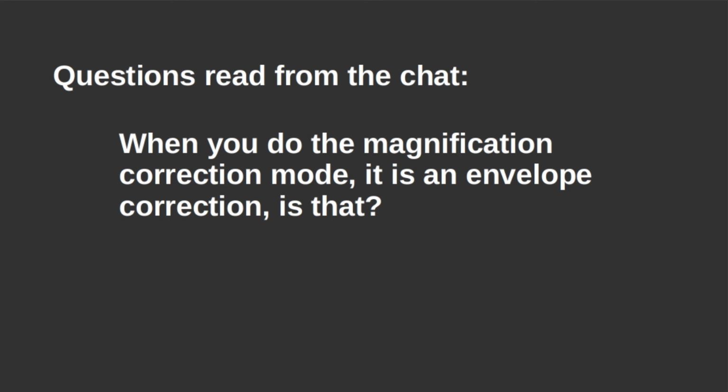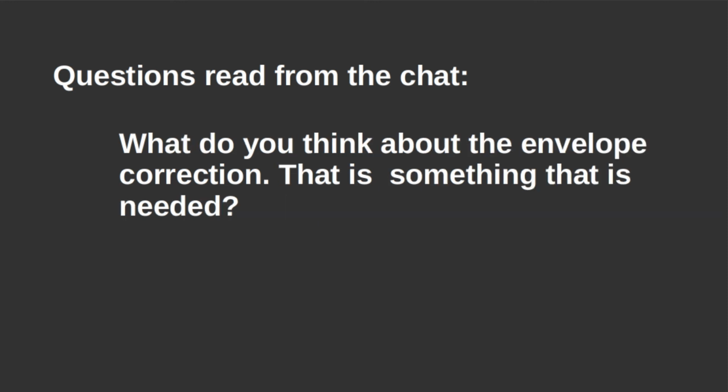Okay. And what do you think about the envelope correction? Is that something that is needed, or at the moment you are only doing phase flip or this multiplication mode? Yeah. I don't know. The thing is, it's not so hard to add. For novaCTF especially, you don't have to use novaCTF for correction in the first place. You can also test it yourself by using the envelope correction outside and just use this tilt series as an input for the reconstruction.